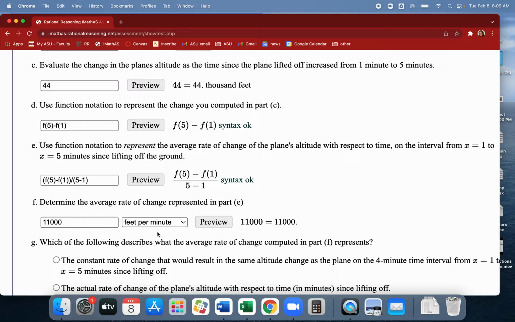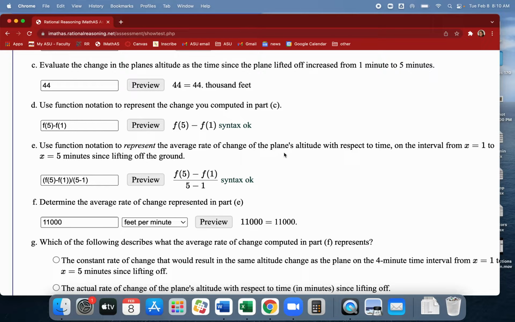So feet over minutes is feet per minute. Average rate of change, any sort of rate of change, if you're doing a division to get it, the units are just the division of the two units, the quotient of the two units that you started with, the ones that you divided. So whether it's feet per second, liters per day, whatever sort of rate you're computing, the units on it come from the two things you divide in order to find that rate.